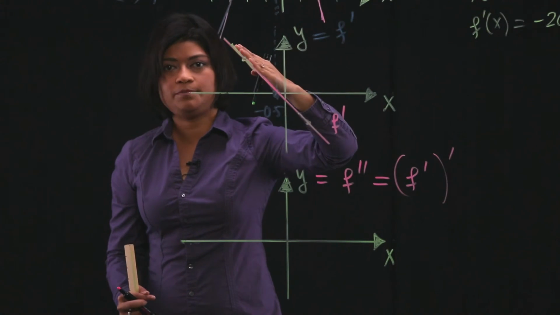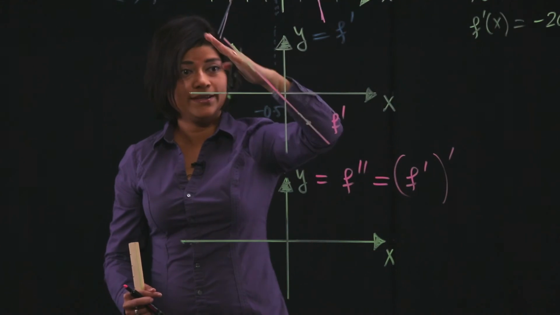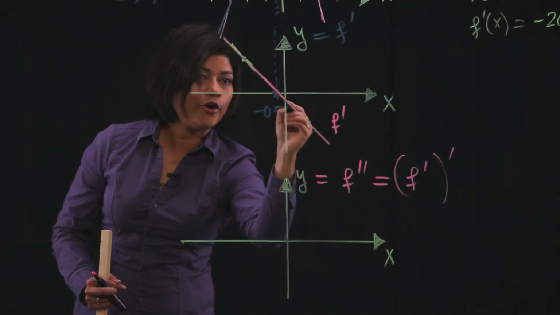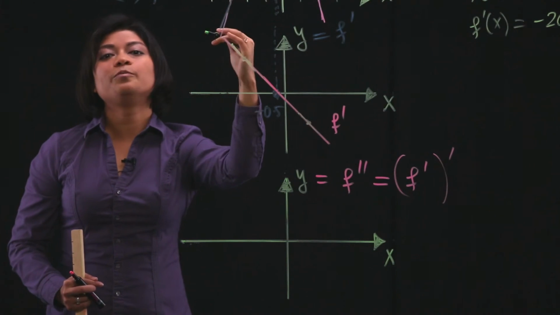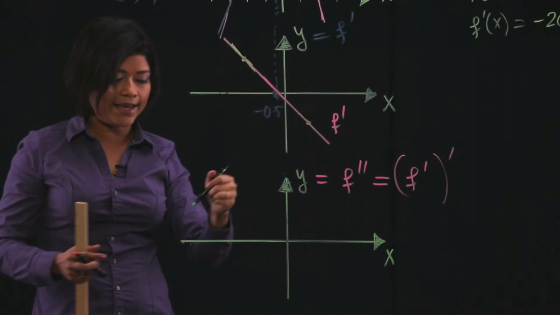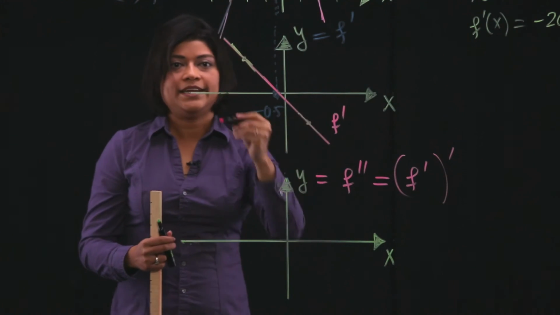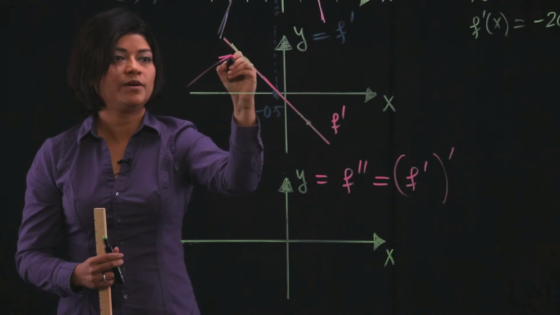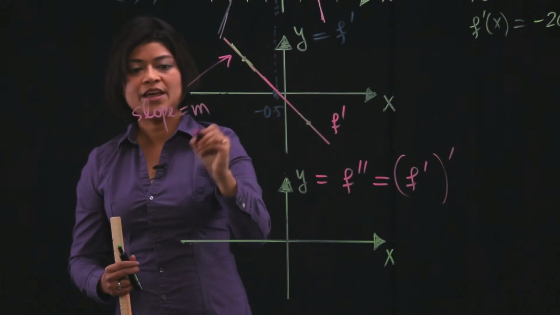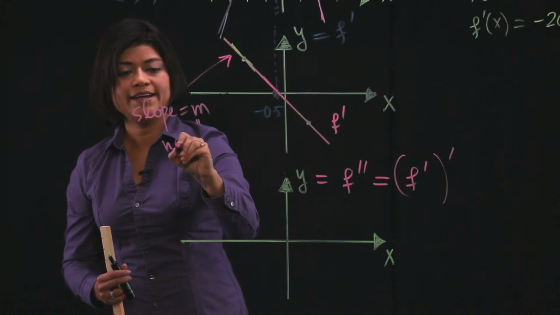Do we know the exact slope? No, but we know it's going to be negative, right? It's a negative slope. Every point you choose, the slope is going to be the same negative number. So say the slope of this line is m. And we know that this is a negative number, right?